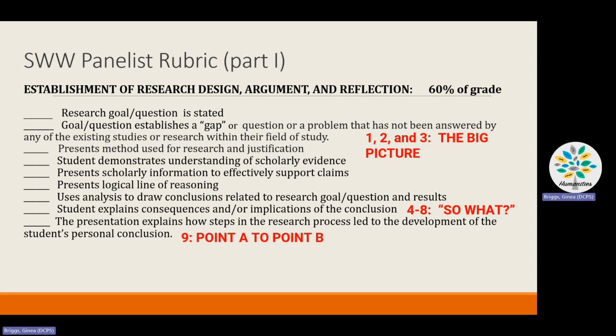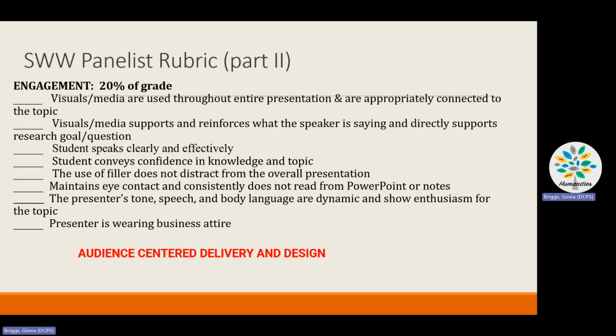The second part of the rubric deals with engagement and is worth 20% of their presentation score. As you can see, these are typical elements that relate to their visuals and design of the presentation. Are the images appropriate to the claims they are making? Are students speaking clearly and effectively, avoiding filler?